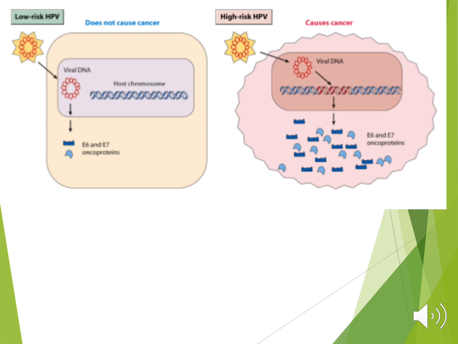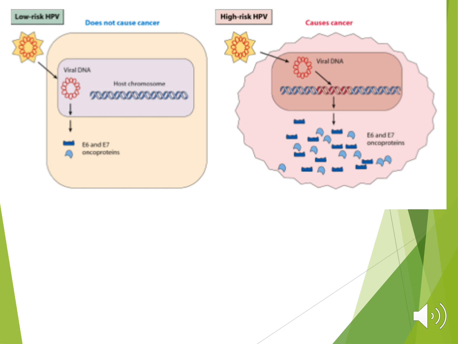This is a schematic representation of the two types of HPV. On the left-hand side, we have the low-risk HPV. Notice that the viral DNA does not integrate into the host DNA. And so the production of E6 and E7, these are the DNA segments from the virus, are not overexpressed.